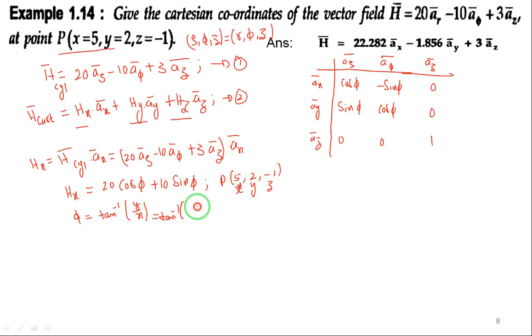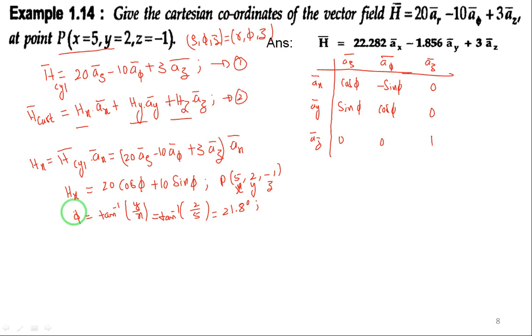So I calculate tan inverse of 2 by 5 on the calculator, and it turns out to be 21.8 degrees.